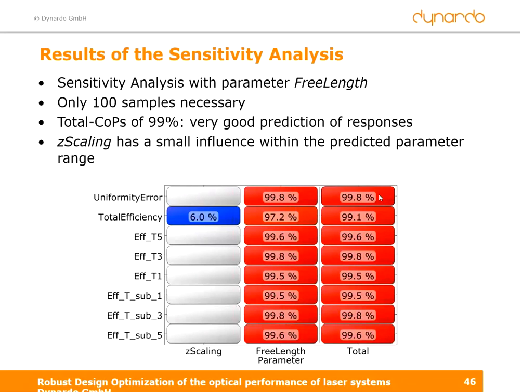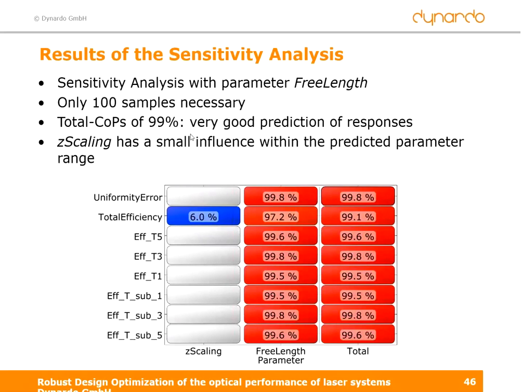Furthermore, we see, because this analysis was based only on 100 samples, this was really good to get very nice models. Before, with these 5 length parameters, we needed more samples to get nice models.